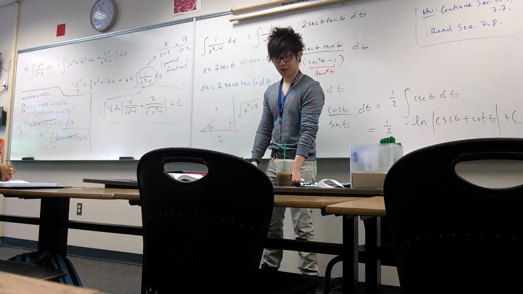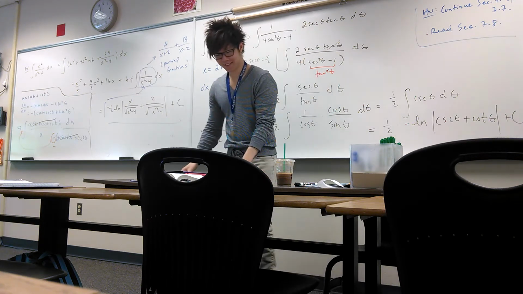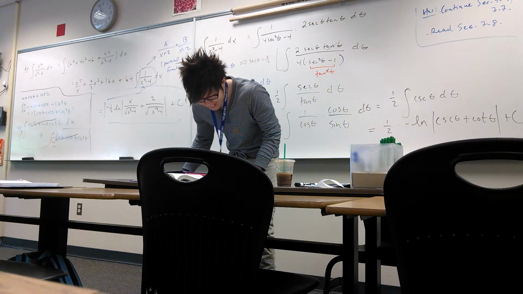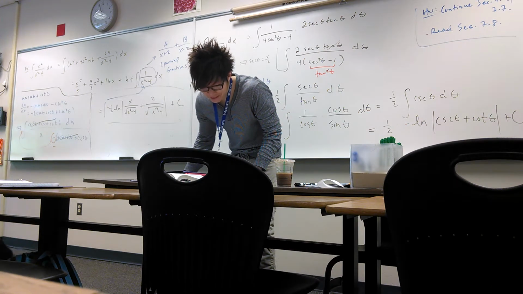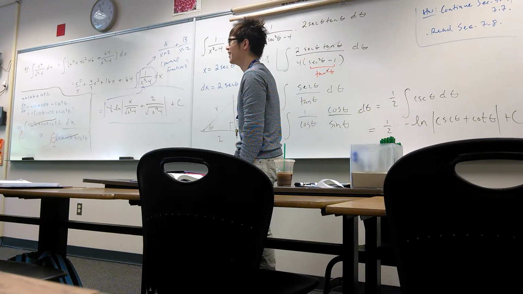Did the book do partial fractions on that one? They didn't even ask us to integrate that. What? All I asked for was long division. Oh, really? Oh, okay. What number was that? 5.